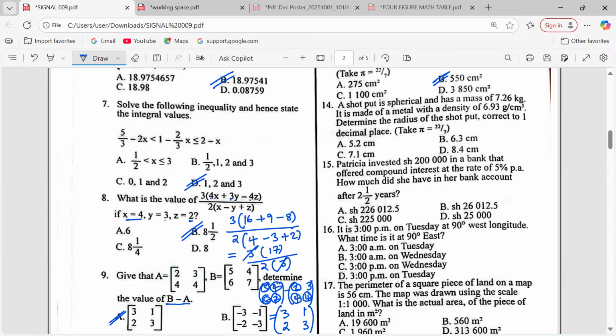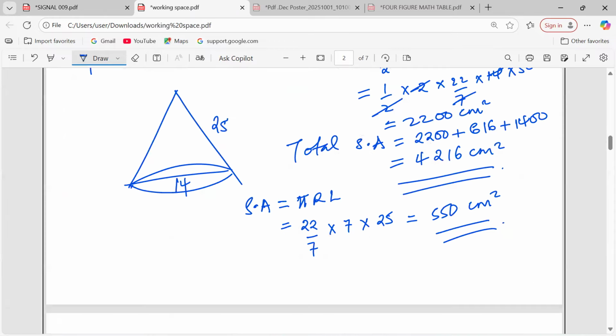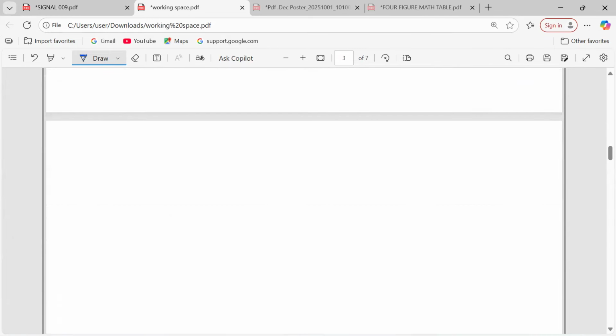So we have the shot put and we have its mass. Then it's made of a material whose density is 6.93, and now we need the radius. With mass and density, we can work out volume. Remember, the original formula for density is mass per unit volume, meaning that volume can be obtained by mass out of density.